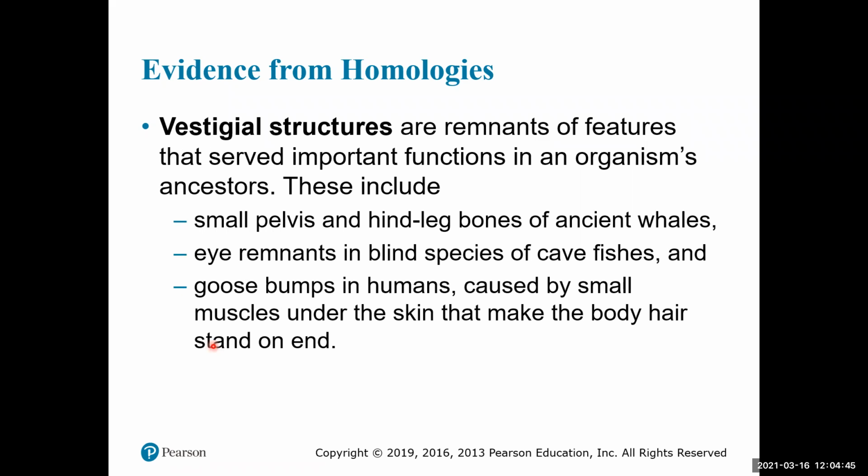Another form of evidence for homologies is vestigial structures. Vestigial structures basically are remnants of structures that used to be important in an ancestor. Some examples of these are hind leg bones and pelvic bones in ancient whales.